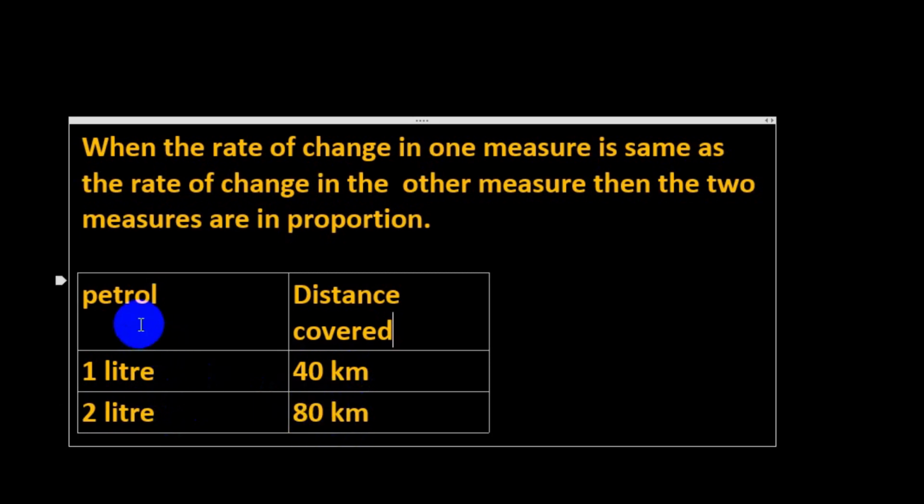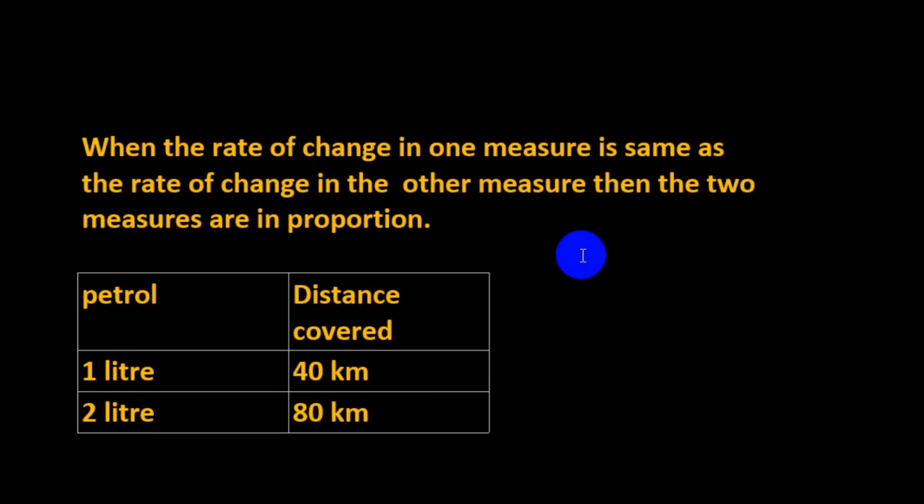That means the ratio of change in petrol and the ratio of change in distance covered are equal. That means the rate of change in petrol is the same as the rate of change in distance covered. These two measures, petrol and distance covered, are in proportion, as explained here. The rate of change in one measure is the same as the rate of change in the other measure. We will say these two quantities, petrol and distance covered, are in proportion.